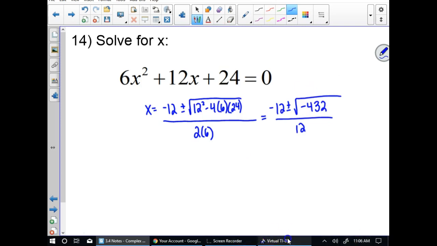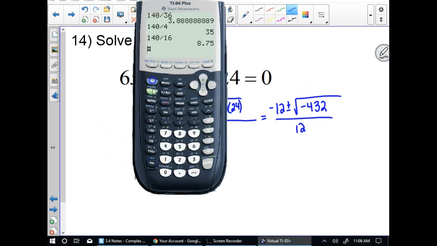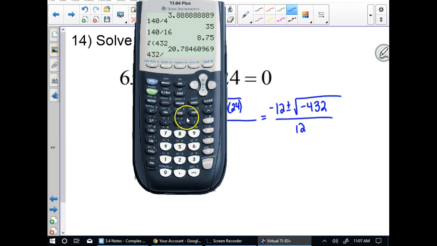So, 432, first thing you need to check is just make sure you can't take the square root of 432. You cannot. So 432, what do you think will go into 432? Is 12 going to help us? 36? Okay, 36 and 12, that tells me there's something bigger.